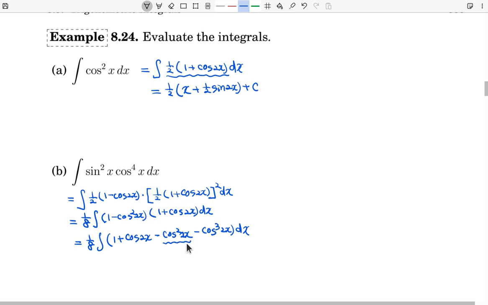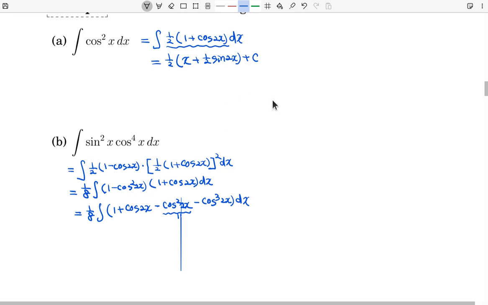For cosine squared 2x, again you can use the half-angle formula, which is half of 1 plus cosine 4x, right? Again, everything is easy to get, and their antiderivatives.